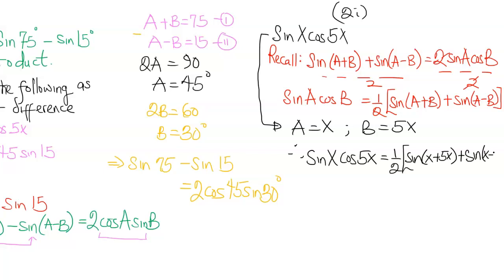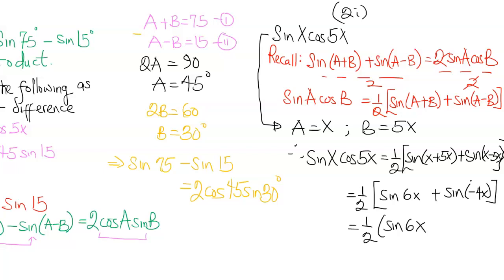So this is equal to 1/2 sine of x plus 5x, that's 6x, plus sine of x minus 5x, so this is sine of negative 4x, so this is equal to 1/2 sine 6x.